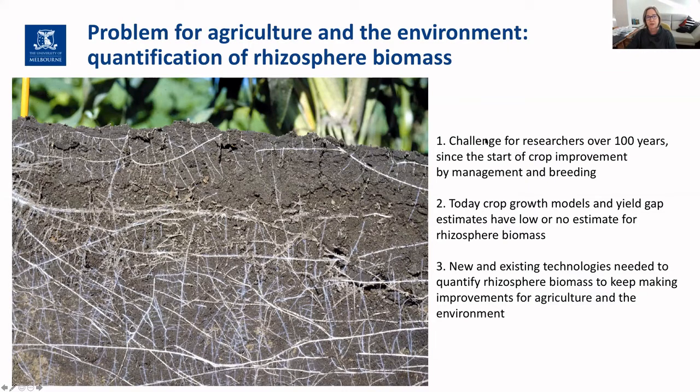And the challenge of quantifying this rhizosphere biomass has been with researchers for over 100 years, since the beginning of crop improvement efforts using both management and breeding, which largely commenced around the beginning of the 20th century. Today, crop growth models and yield gap estimates have a low or no estimate for rhizosphere biomass.